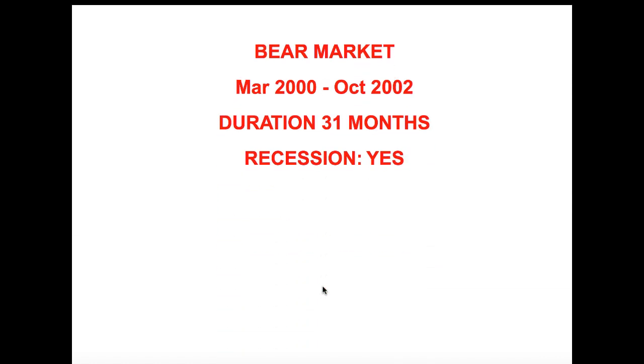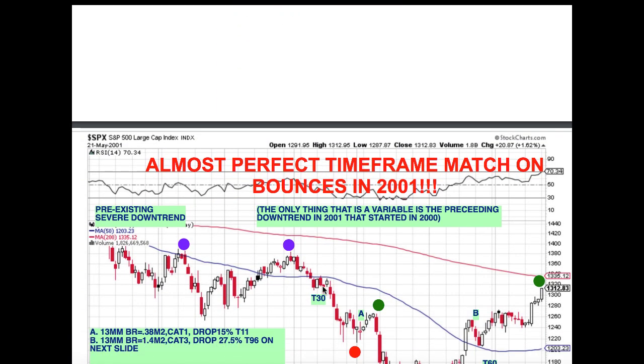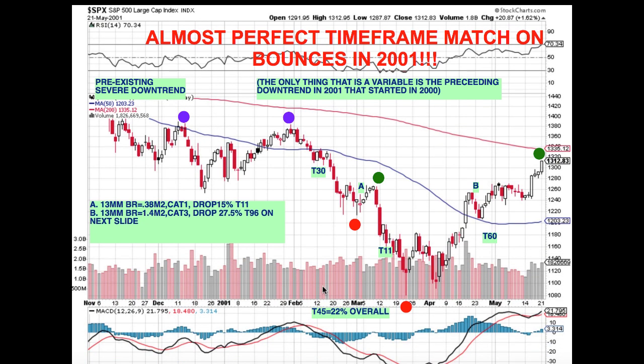Now, the bear market from March 2000 through October 2002 had a duration of roughly 31 months, and indeed there was a recession at the time. This is another historic case where we're almost getting a picture-perfect scenario. We got an almost identical time frame match in the bounces that took place in 2001.